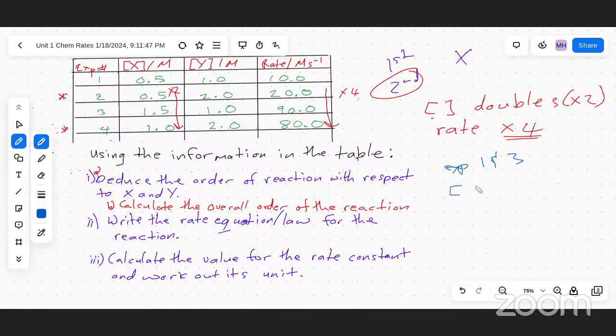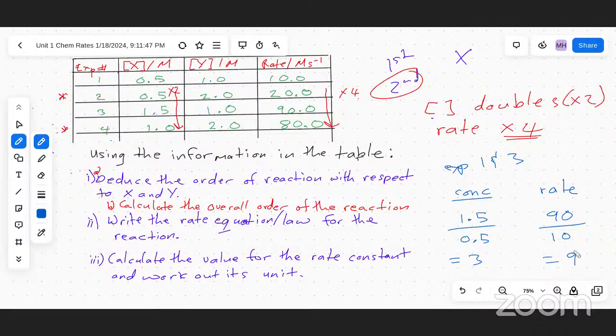In terms of concentration, it would be 1.5 divided by 0.5, which is 3. And in terms of the rate, it would be 90 divided by 10, which is 9.